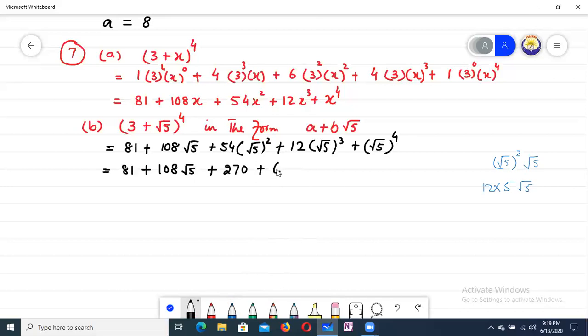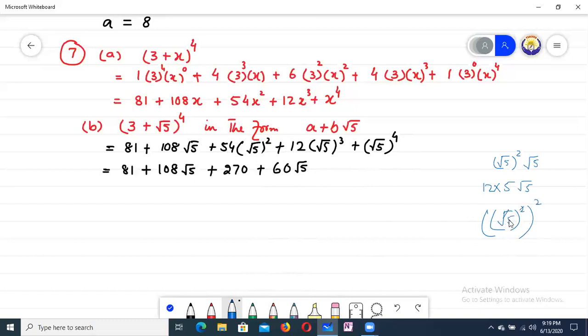This will be 60 square root of 5. And square root 5 raised to the power 4, this we can do like this: square root of 5 square, whole square will be raised to the power 4.